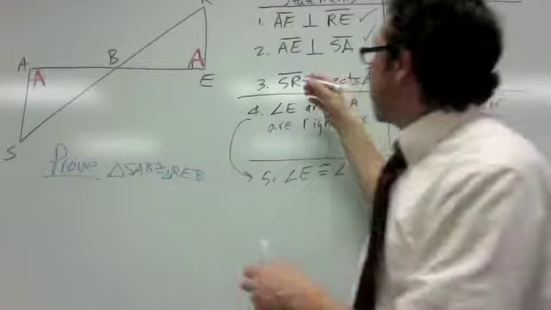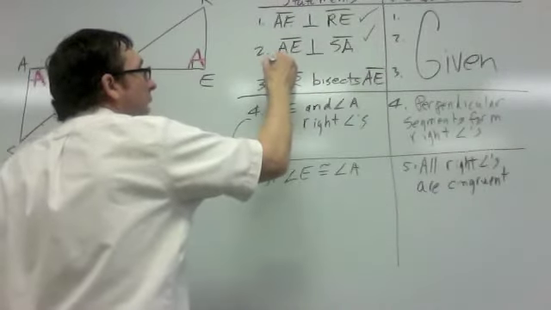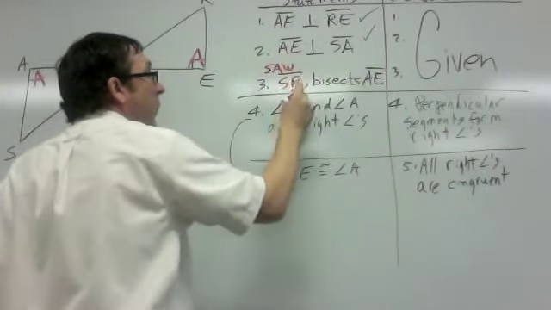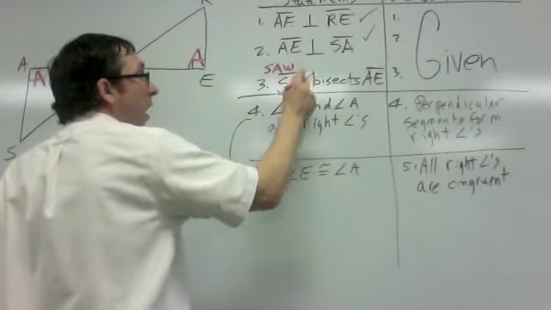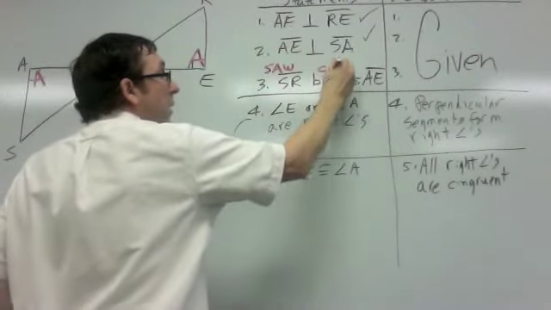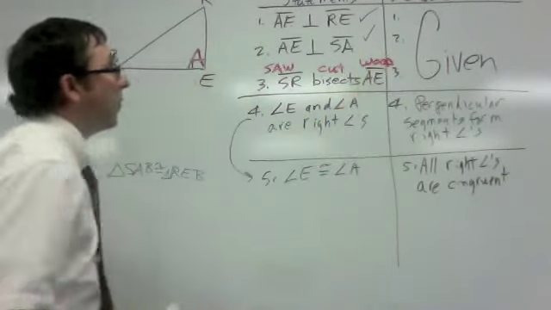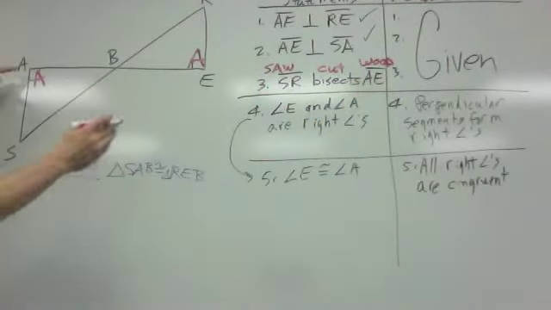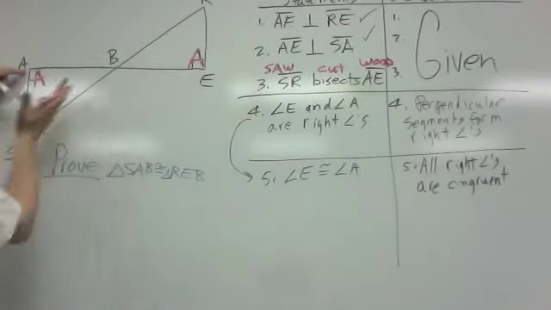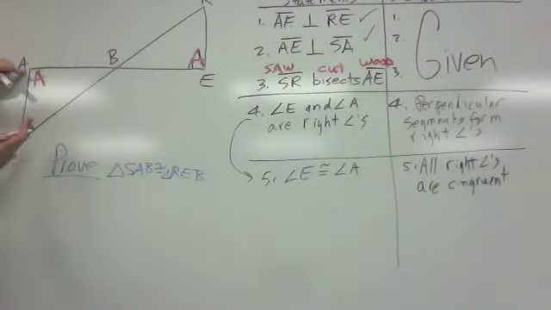I like to think of it as a knife or a saw that's cutting something in half. So SR is the saw that is cutting this piece of wood, AE, in half. So looking at my picture, AE is the wood, SR is the blade that's cutting through it.